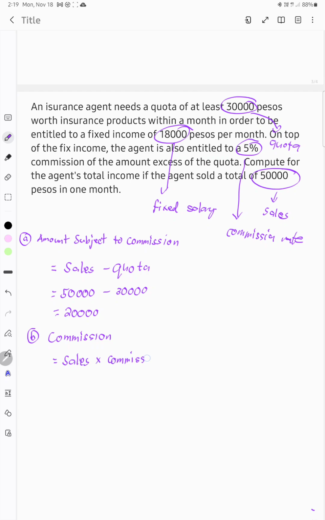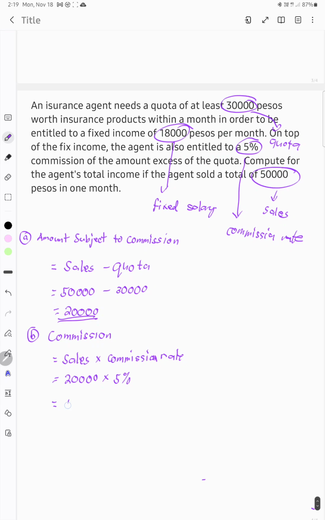In this case, the sales is now the 20,000 times the commission rate of 5%. What's 5% of 20,000? That is 1,000 pesos. So that is the commission.